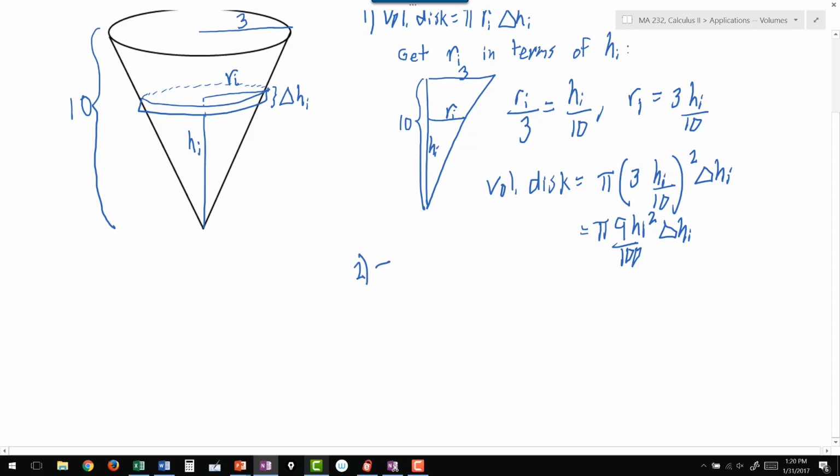Once I know the volume of one of my slices, I can approximate the total volume of the cone by adding up all n of the slices.